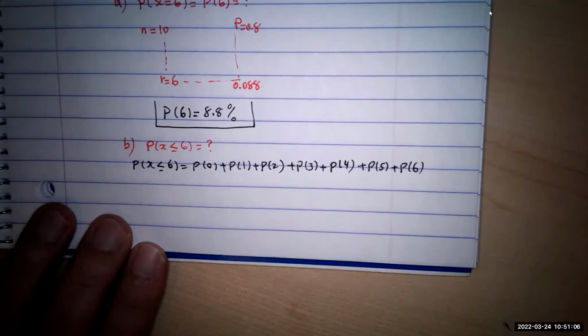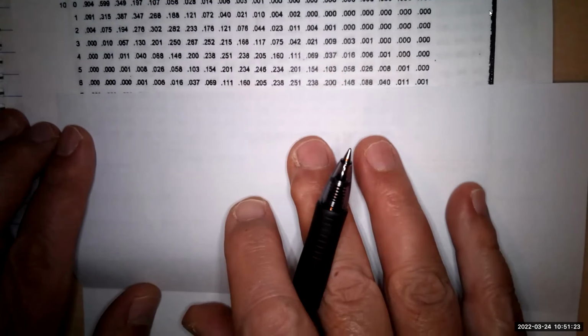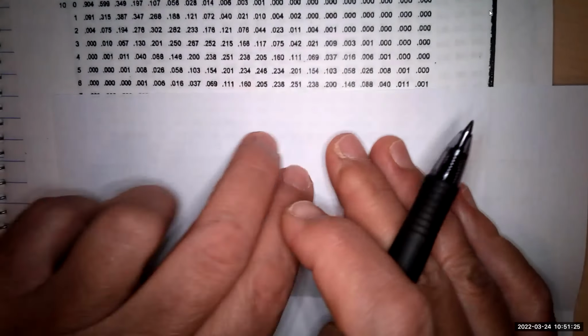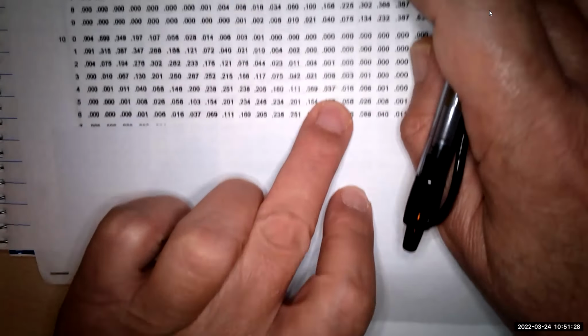So you go back to your table. You start from 0 to 6. It would be easy to check this one. Look at the table that you have, that was your 10. You want 0 to 6 and 80%.